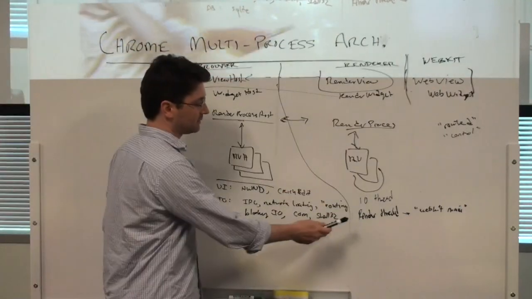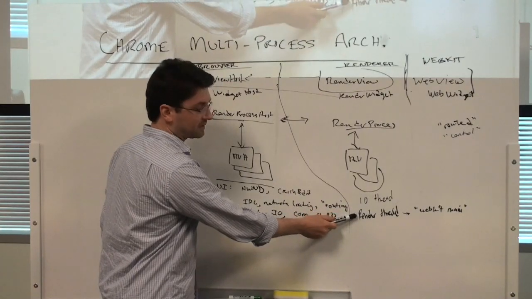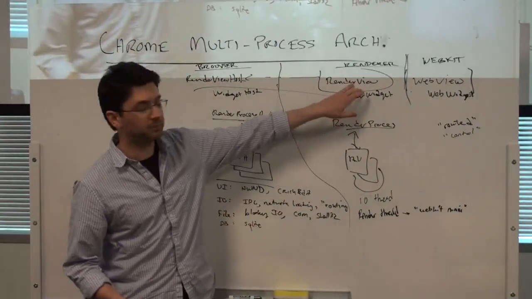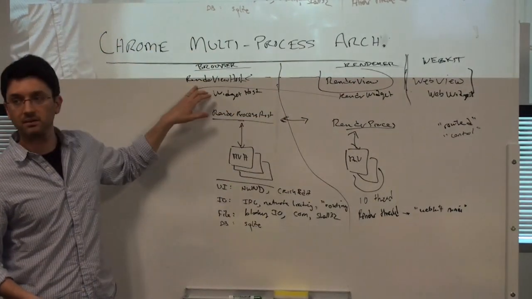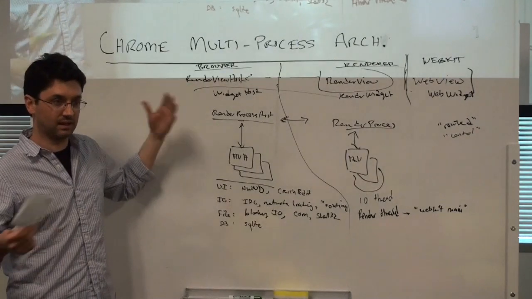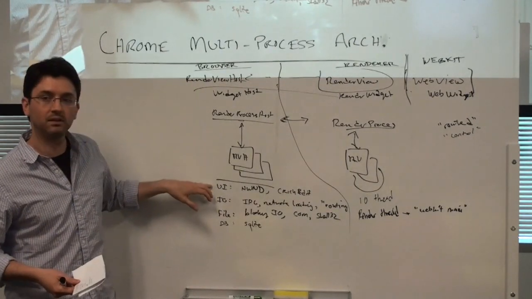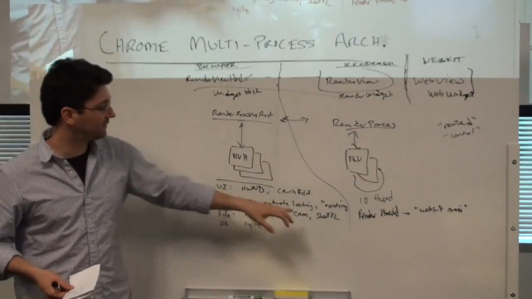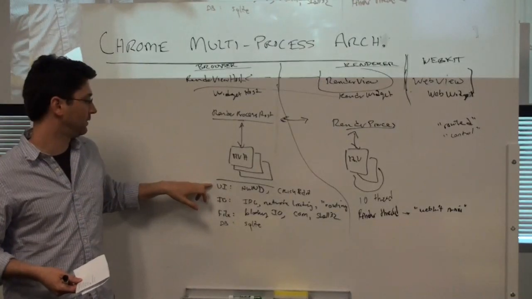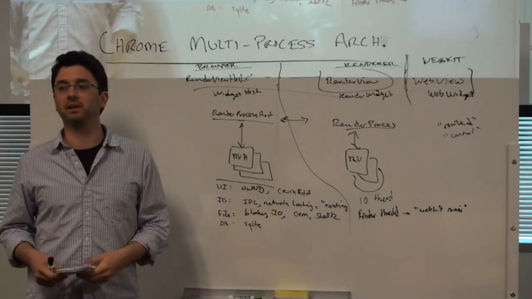You start out with a synchronous IPC, and the traditional way that one might handle an IPC coming from a render view is to handle it in the Renderview host. But the Renderview host has an H-wind. It's actually living on the UI thread. And so if a synchronous IPC comes from here all the way to the UI thread, this actually turns out to be a huge problem for us.